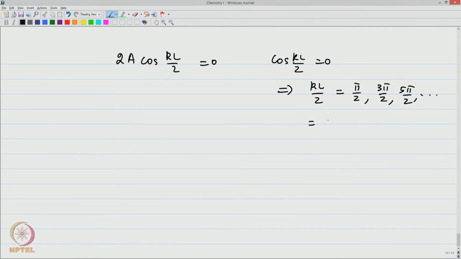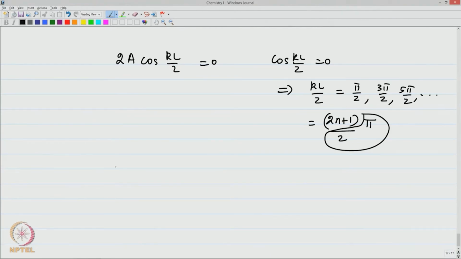So, I would write this in general as (2n plus 1) by 2 pi. That is, it is an odd integral multiple of pi by 2, that will make cos k L by 2 to 0. So, a is not 0.